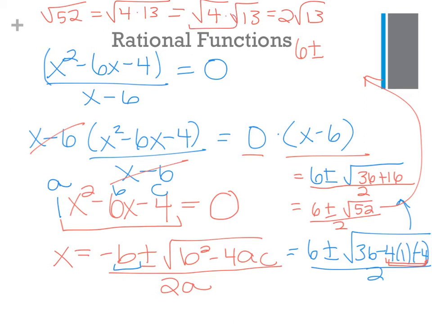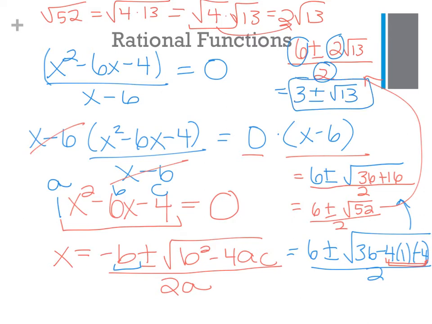The square root of 4 is equal to 2. So we have 6 plus or minus 2 square roots of 13, all divided by 2. And since 6 and 2 are both divisible by 2, I can simplify this as 3 plus or minus the square root of 13.